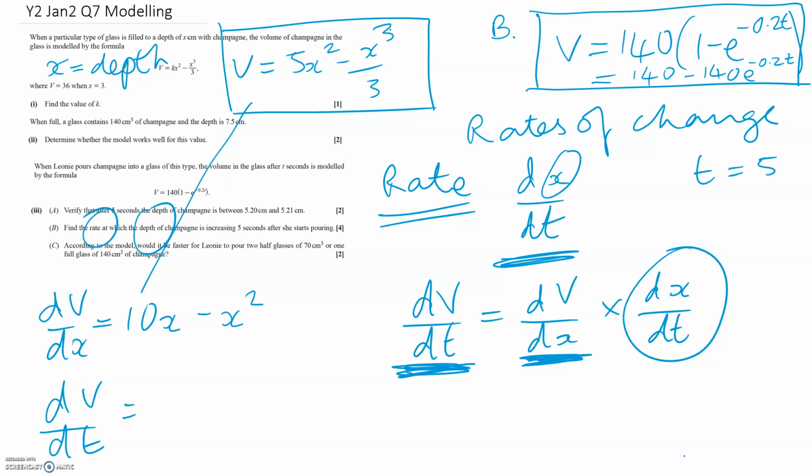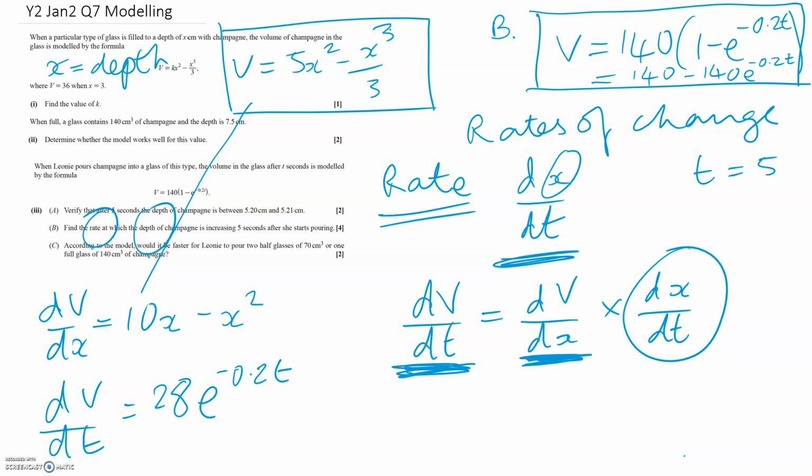And then when you differentiate it, the 140 at the front is going to disappear, and you'll have minus 140 multiplied by minus 0.2, and that's going to give you plus 28. So that'll be plus 28 e, and then minus 0.2t will stay exactly as it is.